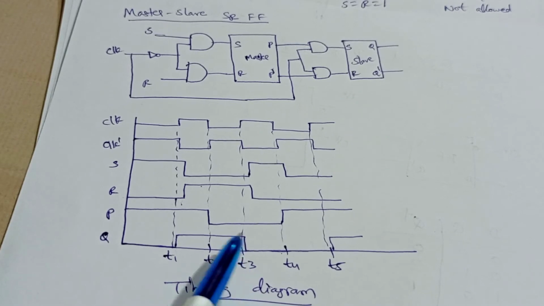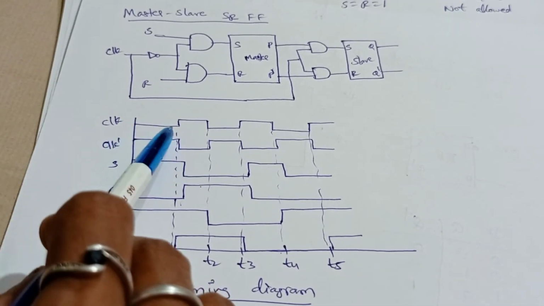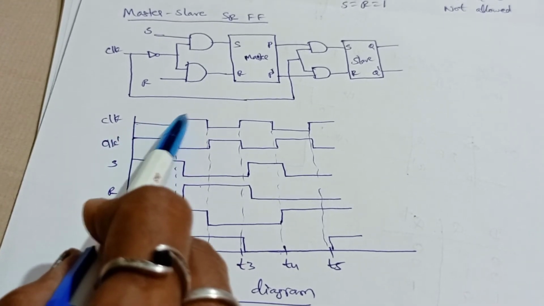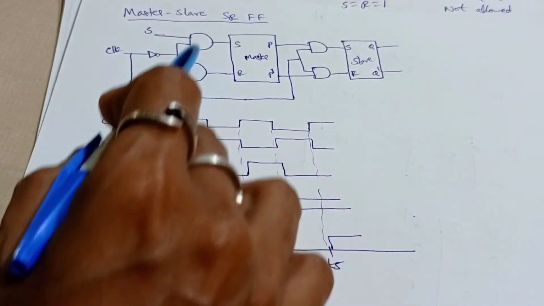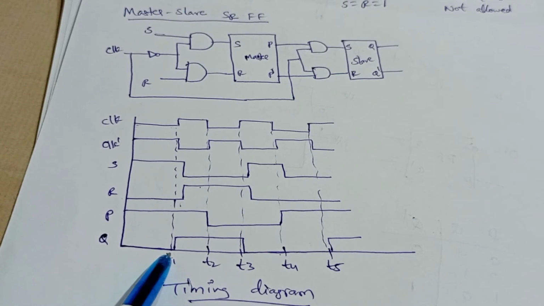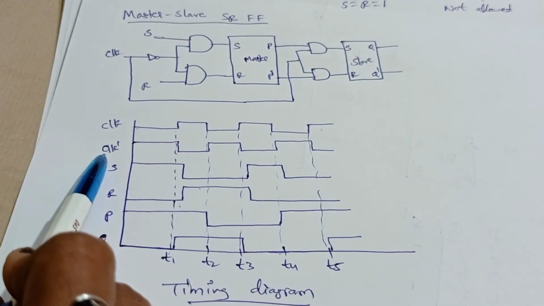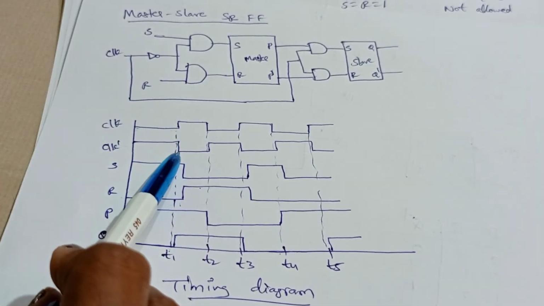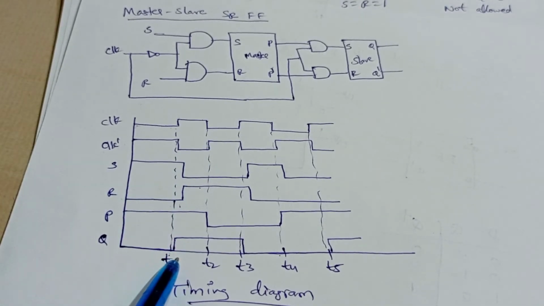There is some delay because of the clock change. Here the clock has a rising edge, 0 to 1. When the clock rises from 0 to 1, the master is active and we get the master output. When the clock is inverted, there is a gate delay, and so there will be a delay in the output.